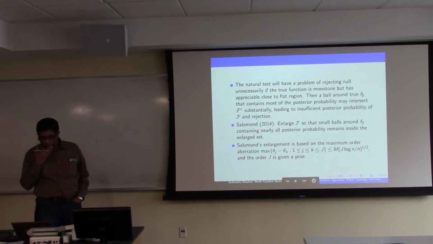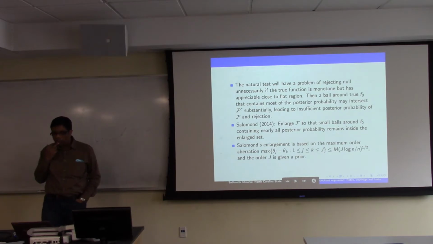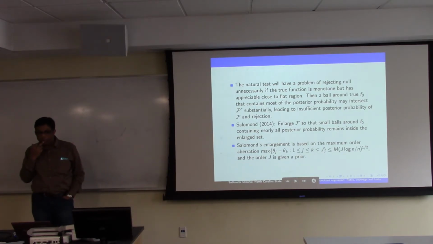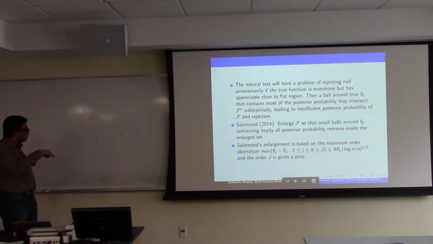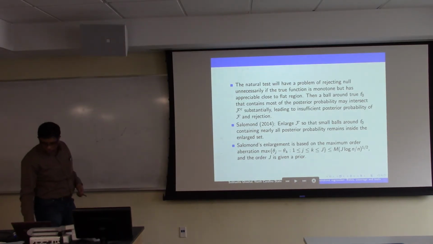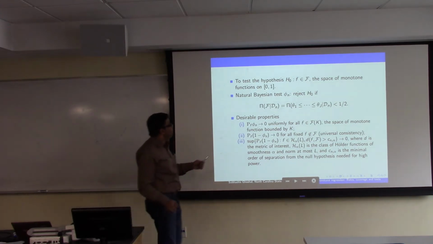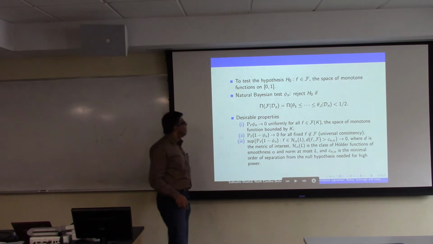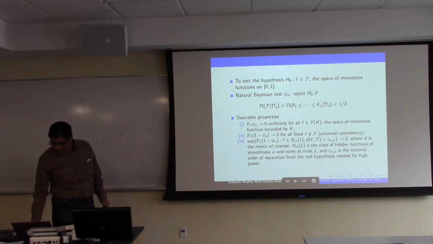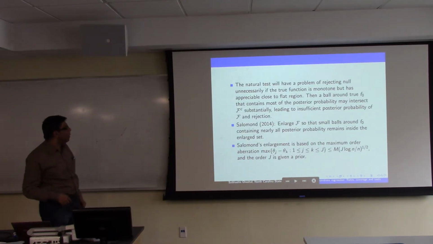The type 1 error probability will not go to 0, because there may be some monotone functions whose neighborhood will contain non-monotone functions. So this probability may not be very high, and hence you would reject the null hypothesis if you just go by this. So that's the standard problem near the boundary.